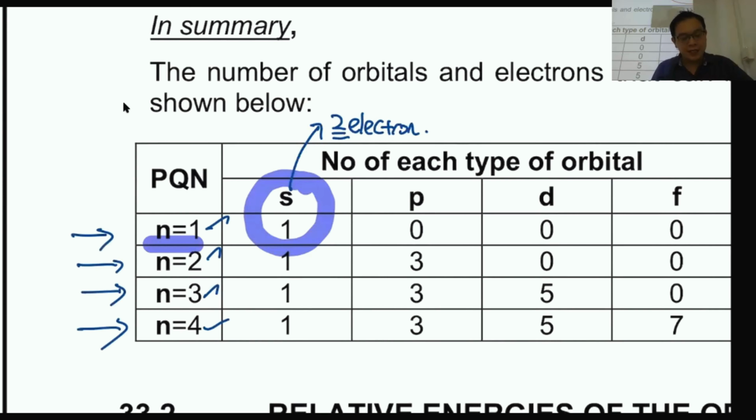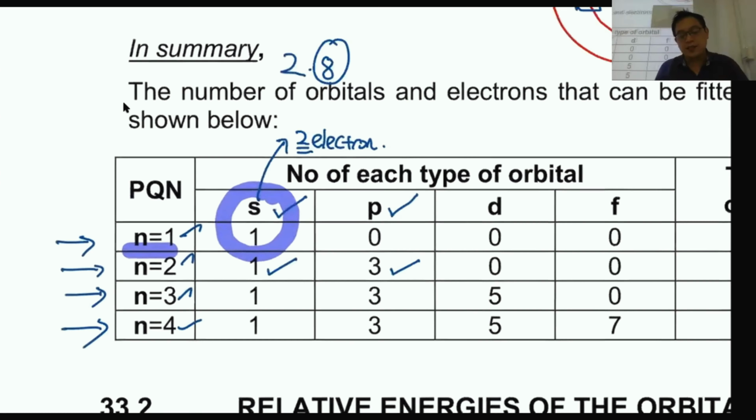Now, what about the second shell onwards? The second shell has more houses available. Why? If you remember the electronic configuration, is it 2.8? 8 means you have more electrons. More electrons, what does it mean? You need more houses to place the electrons. So not only do you have the s, now you have the next house called the p orbitals.